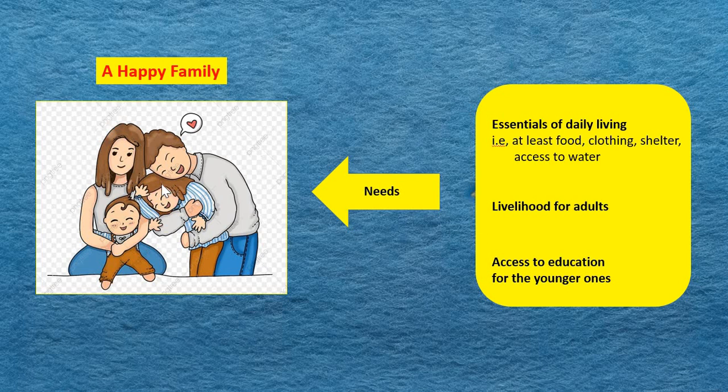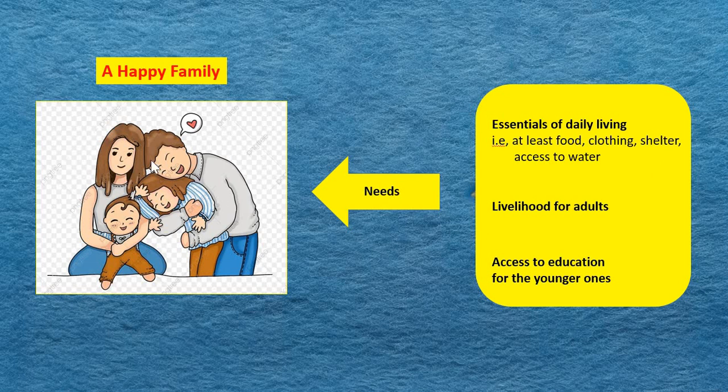Now, to keep this family happy, let us ask, what are the things that we require? The first thing is daily essentials. That means food, clothing, shelter, access to water. I have written down a few only. Electricity and all that. Even internet to browse nowadays.